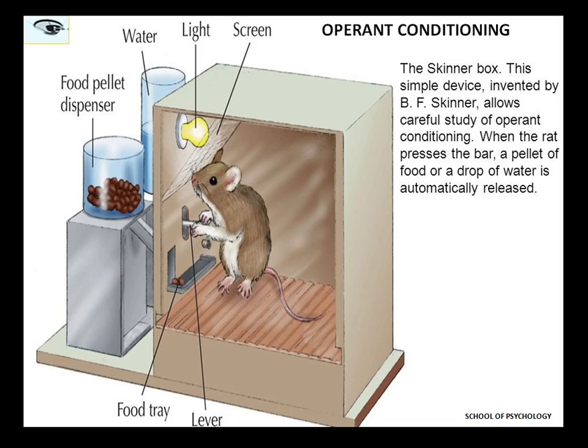Had it been that on pressing the lever the rat gets an electric shock, then I can say it's a punishment. I'm discouraging the pressing of the lever, and I don't want the rat to press it again. As and when the rat presses the lever, it gets a shock, so the rat will not do it again. I'm discouraging that behavior, and here the electric shock is the punishment, isn't it?